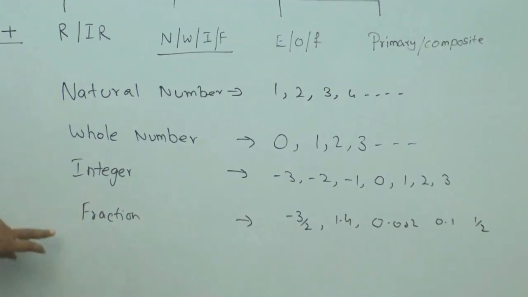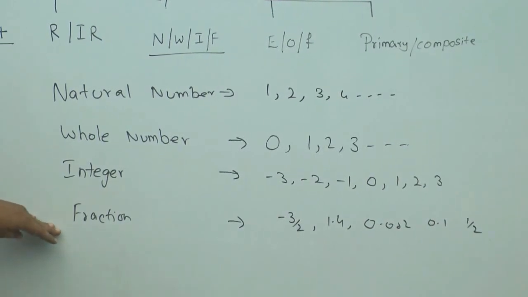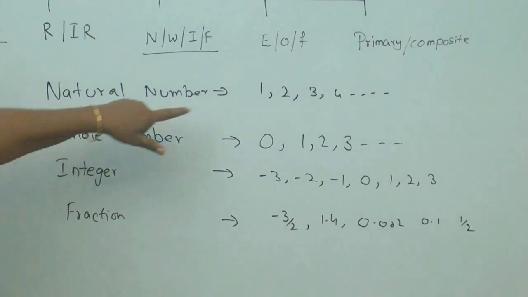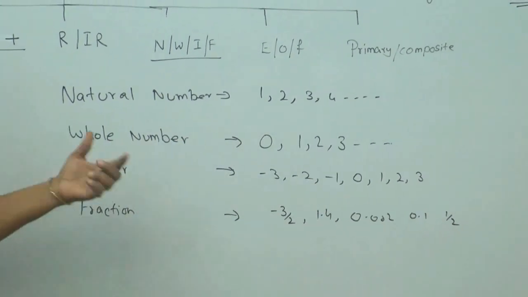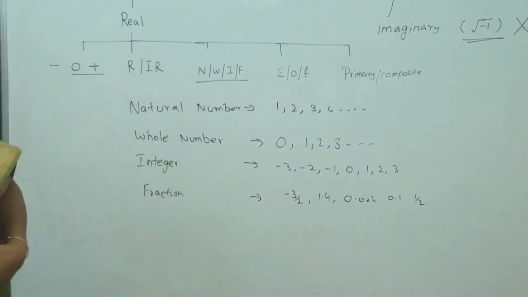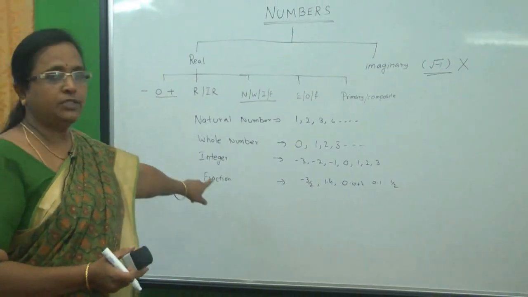So this is one category, and you have to be clear with this because mostly the problems will be given in such a way that x is a number. So you will generally go for the natural numbers 1, 2, 3, 4. But when they say x is a number, it can be a fraction also. Specifically, you have to look for whether x is a natural number, whole number, integer or fraction.